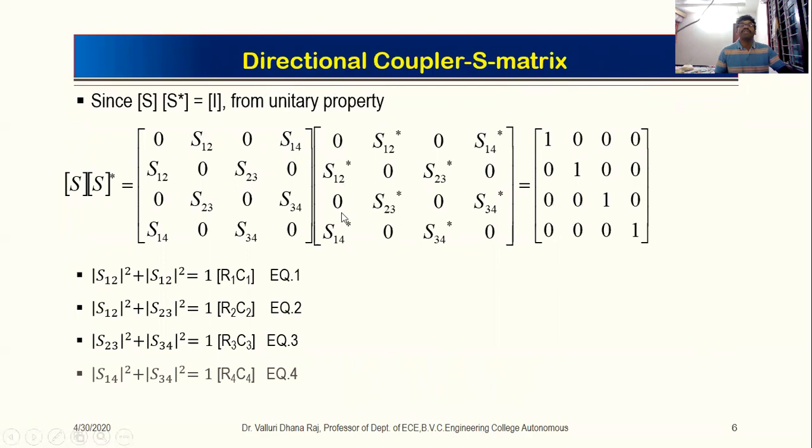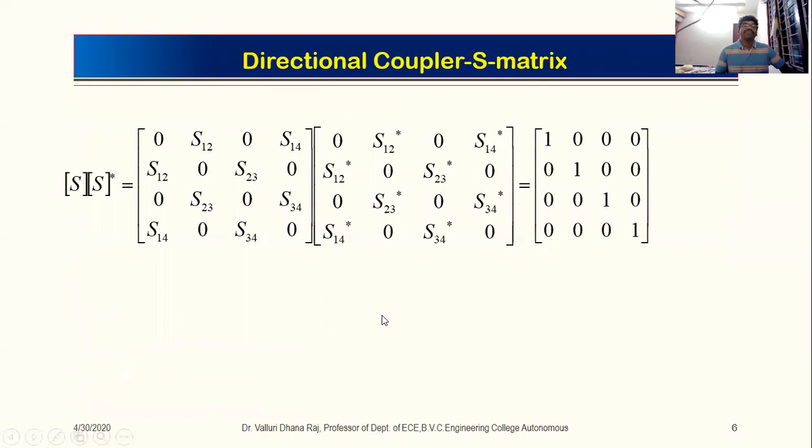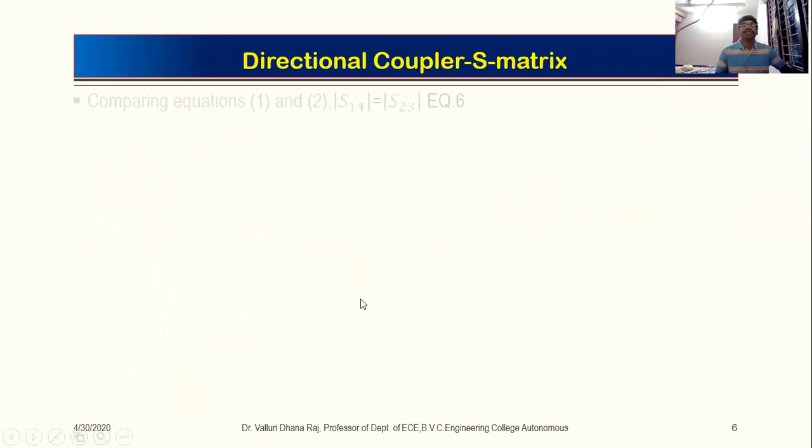If I do the multiplication, it is going to be 1, meaning R1C1, R2C2, R3C3, R4C4. By solving these equations, we can get S12, S23, S14, S34 values.